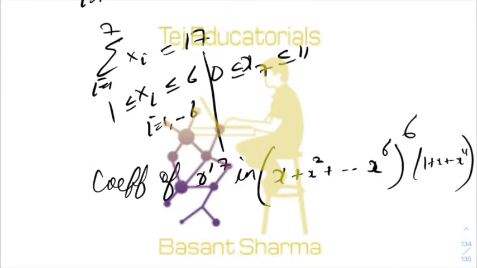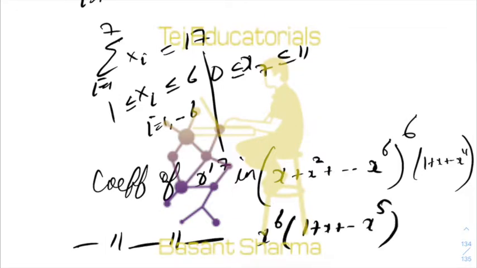Now you can just simplify, right? So this is nothing but the coefficient of x to the power 17 in, you take x common, (1 plus x till x to the power 5) to the power 6, and this is (1 plus x so on till x to the power 11).